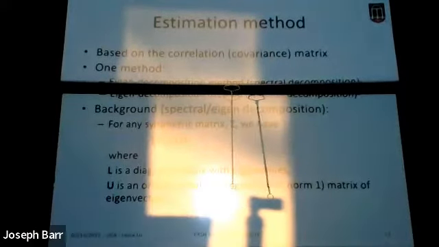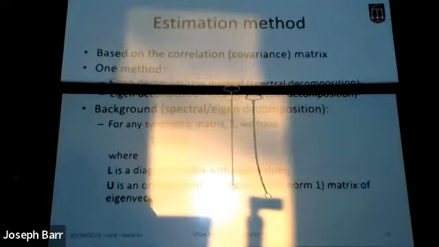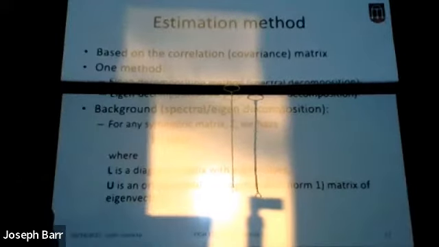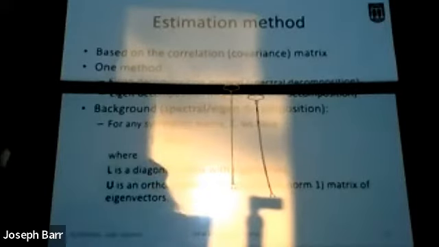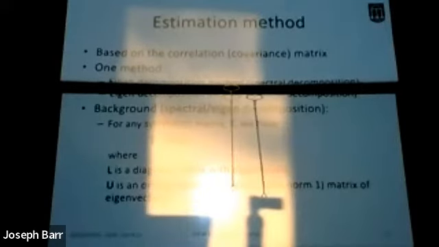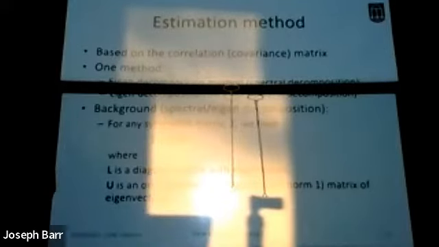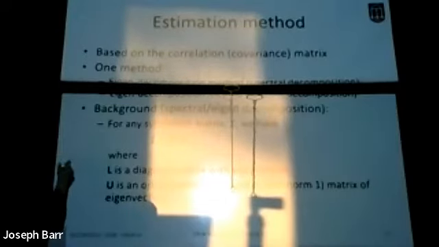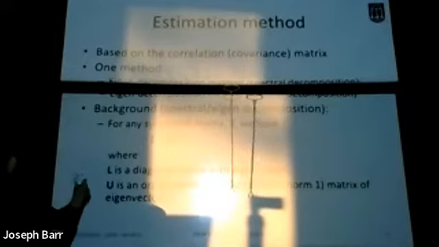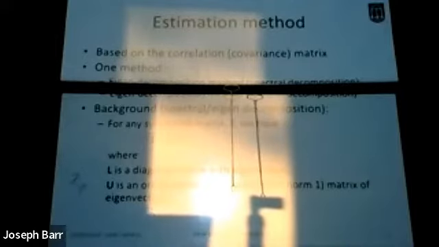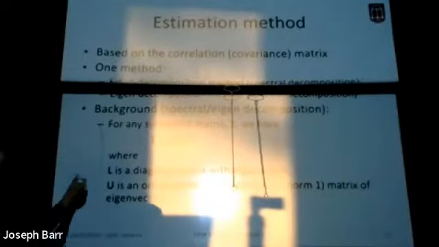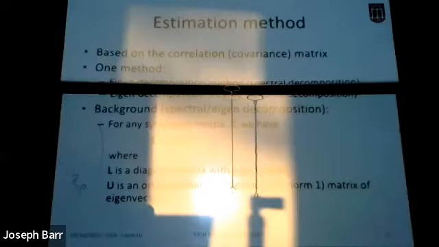Suppose we have the eigenvalues of the matrix: the largest eigenvalue, the second largest eigenvalue, down to the p-th eigenvalue, and we have this diagonal matrix where all the off-diagonal entries are 0.